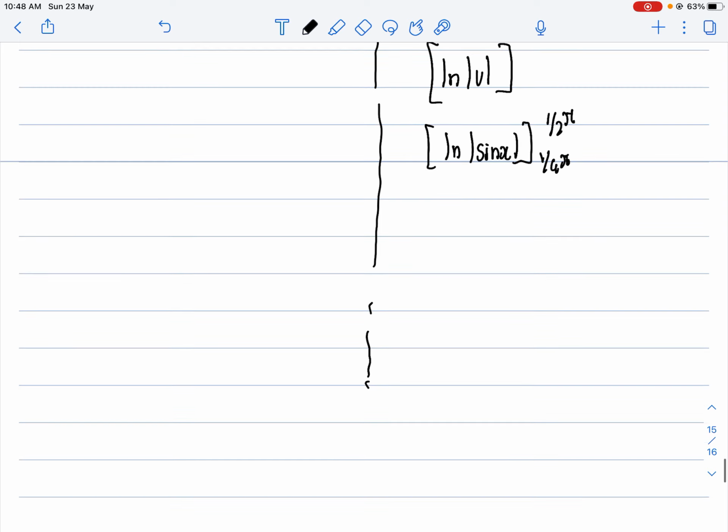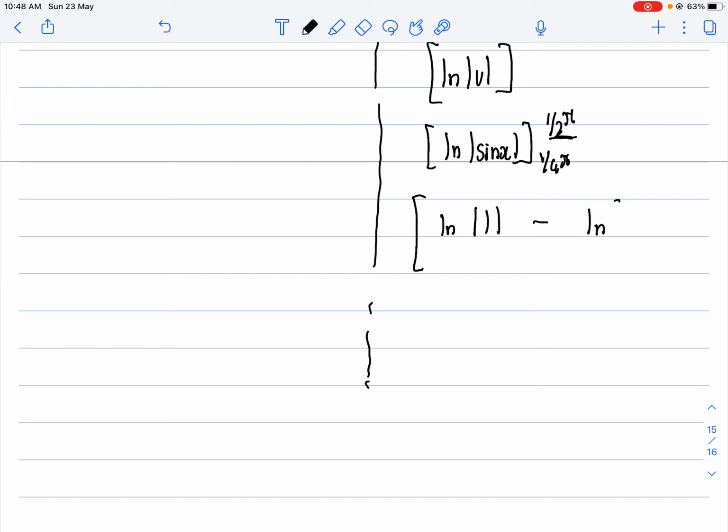So now I can first substitute 1 over 2 pi in the place of x. So when I do sine of 1 over 2 pi, I get my answer as 1. That means this is ln 1 minus, now put sine of 1 over 4 pi, which I know is 1 over root 2.